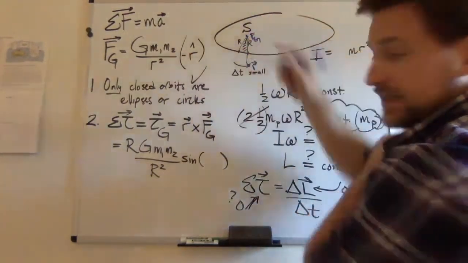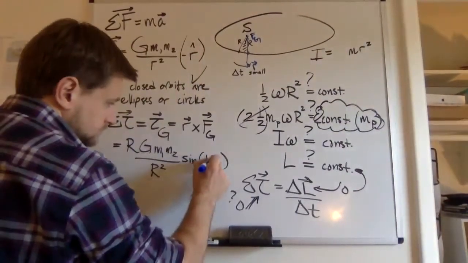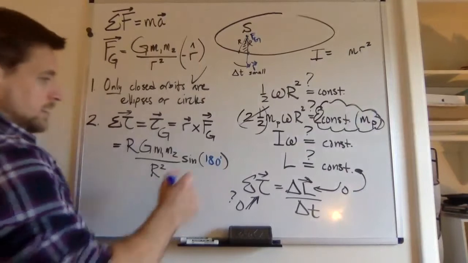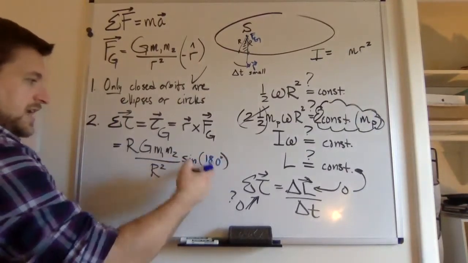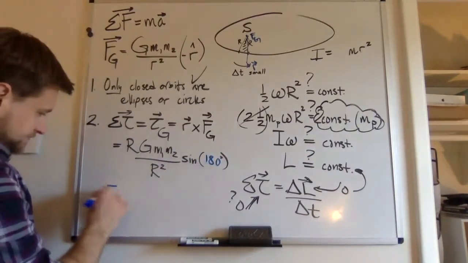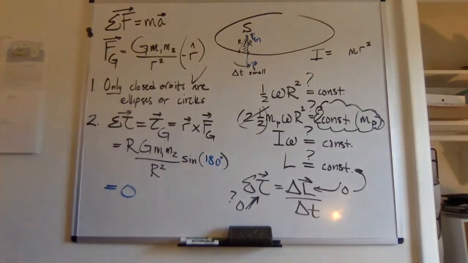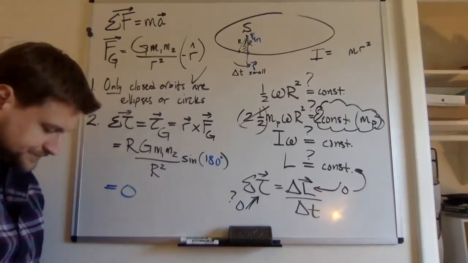So what's the angle between them? 180 degrees, and the sine of 180 is 0.